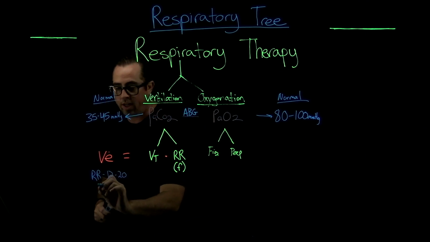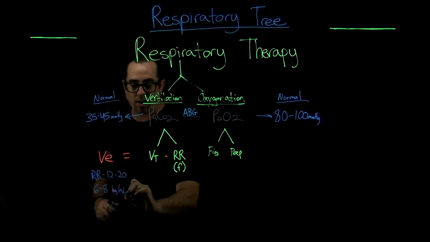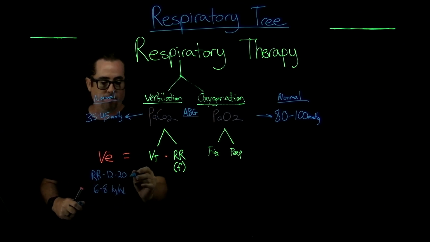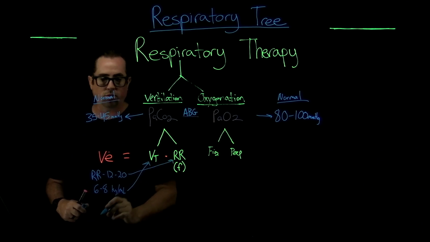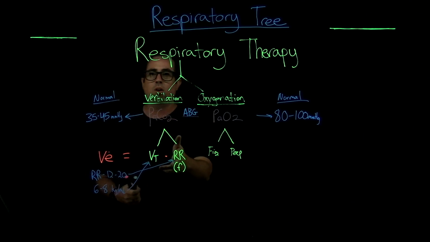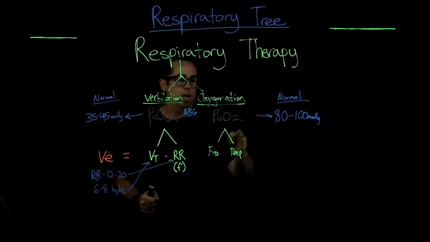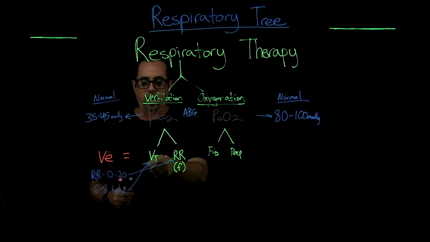Tidal volume, what is it? 6 to 8 mL per kilogram. That's how we set our tidal volumes up. So respiratory rate normal is 12 to 20, and tidal volume normal is 6 to 8 mL per kilogram.